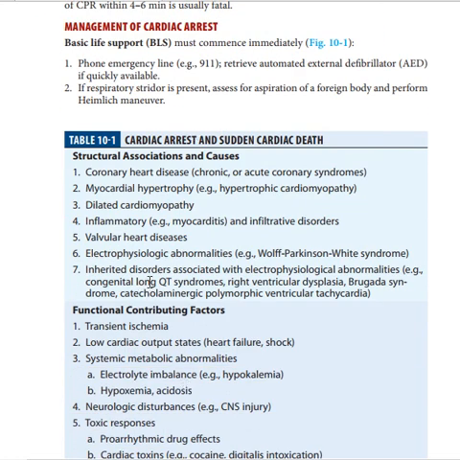So cardiac arrest and sudden cardiac death can come as a result of an association of causes. You have coronary heart disease, myocardial hypertrophy, that's hypertrophic cardiomyopathy, dilated cardiomyopathy, inflammatory causes like myocarditis and infiltrative disorders, valvular heart disease, electrophysiologic abnormalities such as Wolff-Parkinson-White syndrome, and inherited disorders with electrophysiological abnormalities such as congenital long QT syndrome, right ventricular dysplasia, Brugada syndrome, and the different ones.